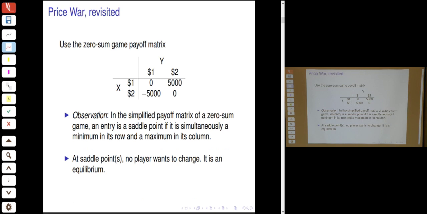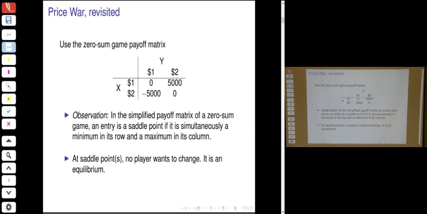So first let us revisit the example of the price war that we discussed in the week before the break. The price war game is a zero sum game, and there are two companies X and Y who are the two players of this game, and they have two possible pricing strategies, selling their items at $1 or at $2.